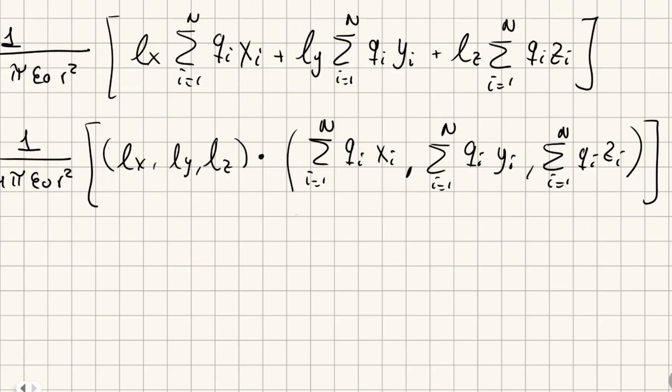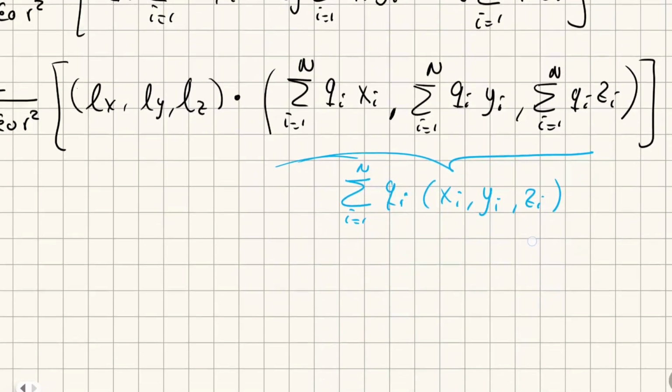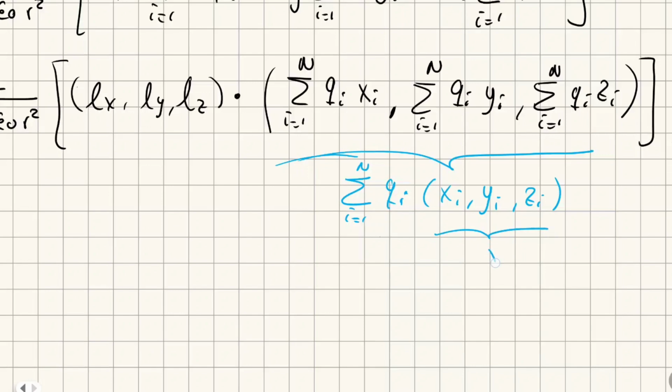And this vector of sums can be seen as the sum from i equals 1 up to n of qi times a vector which is (xi, yi, zi). So it is a vector, and this sum multiplies every component of that vector. And this vector is just ri.